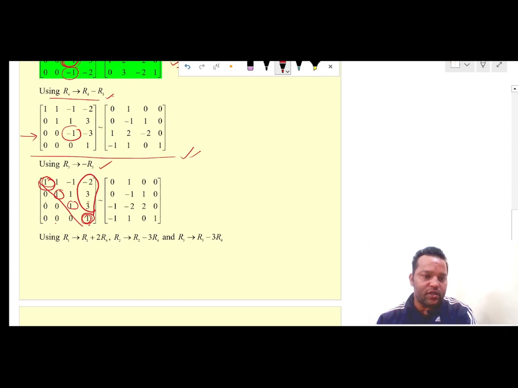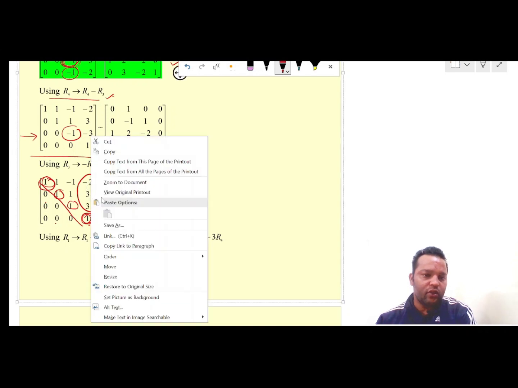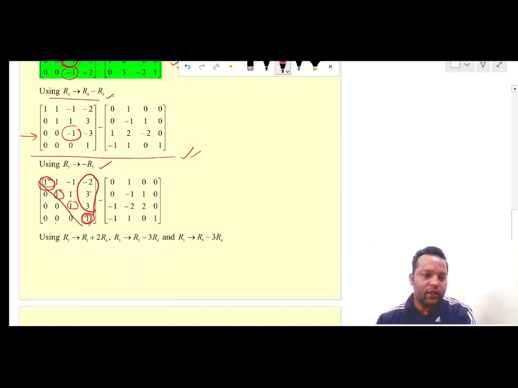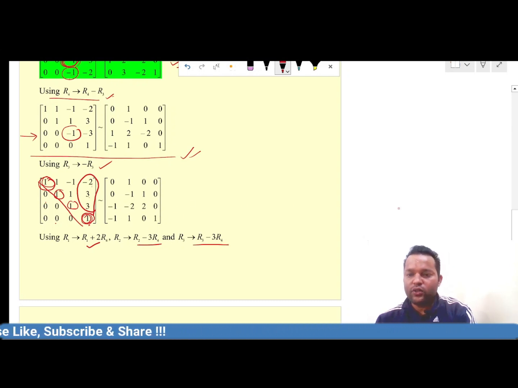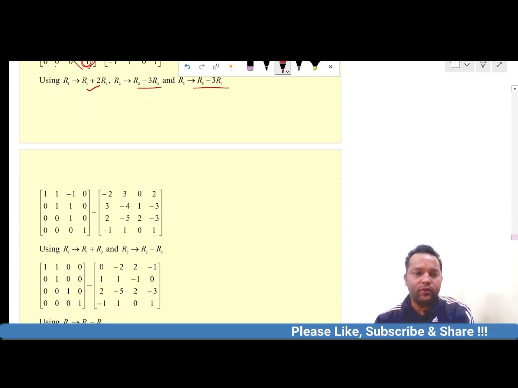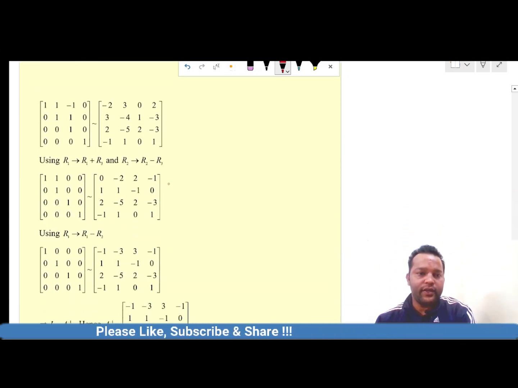The corresponding operations are: this entry can be reduced into 0 with the help of this one by utilizing the operation R1 plus 2R4, this entry by R2 minus 3R4, and this entry by R3 minus 3R4. The corresponding form is this one.